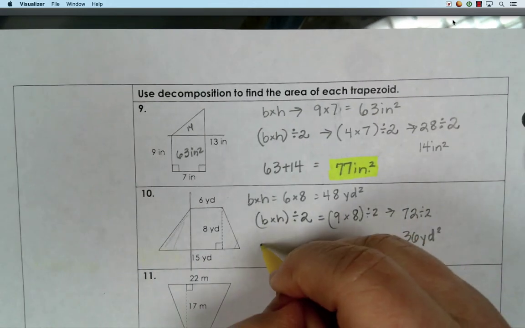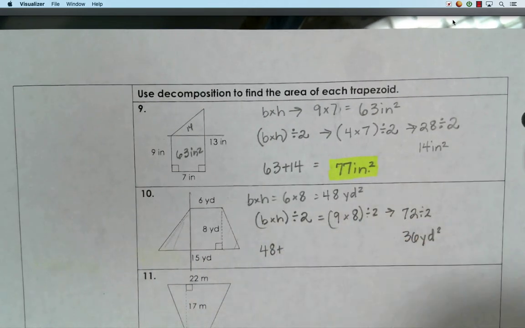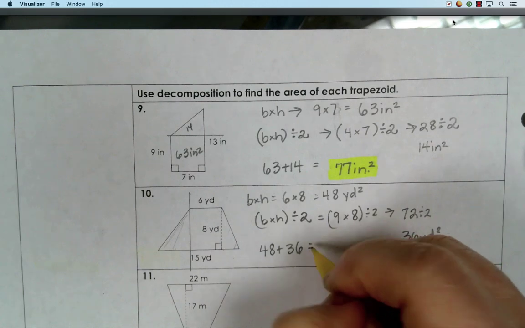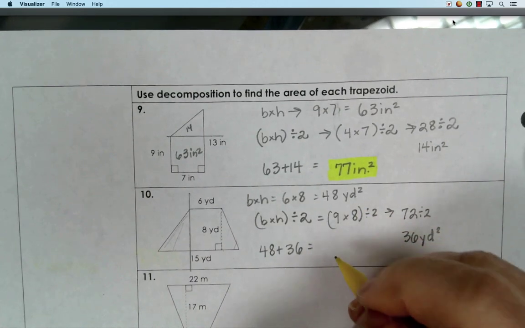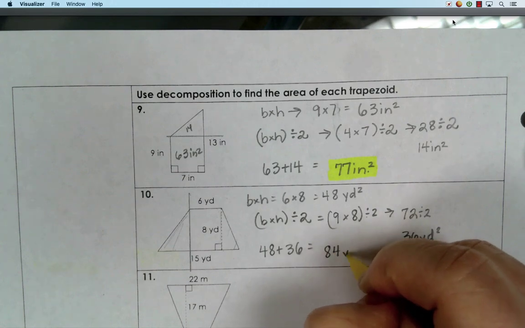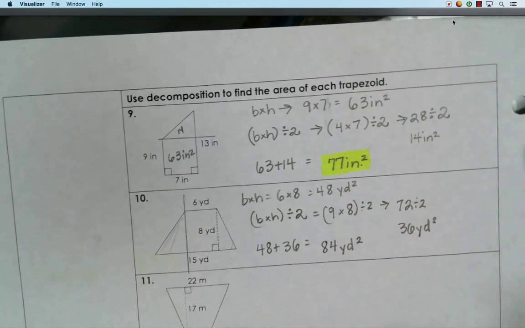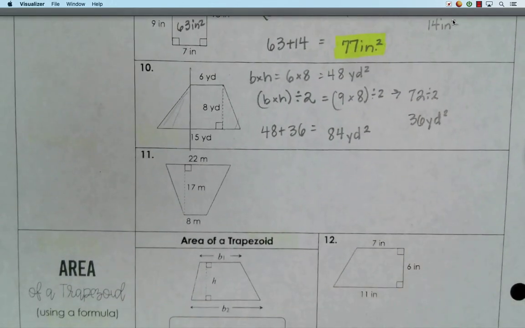So I'm going to put those together. 48 plus 36, and I get 84 yards squared.